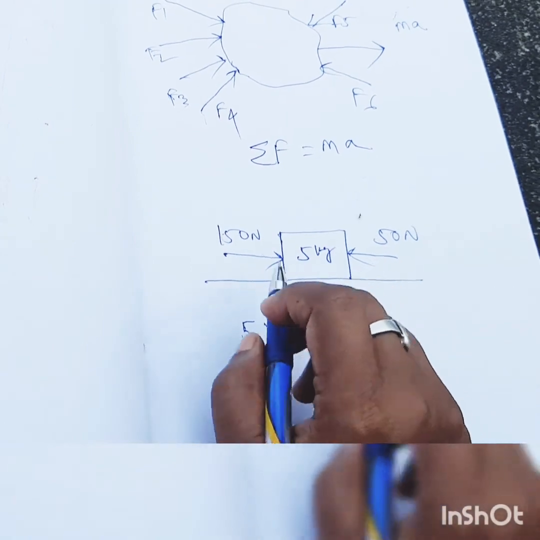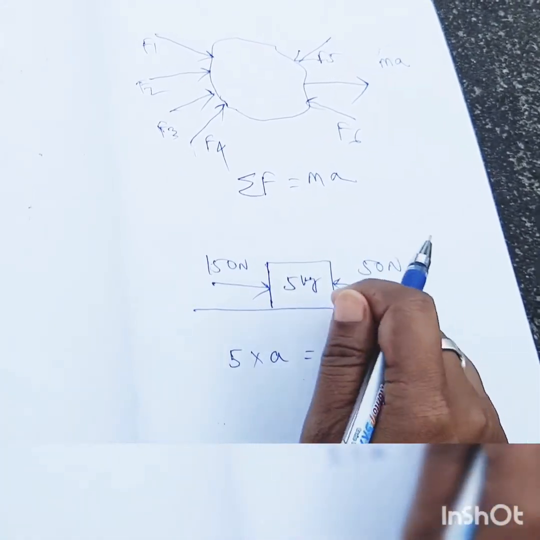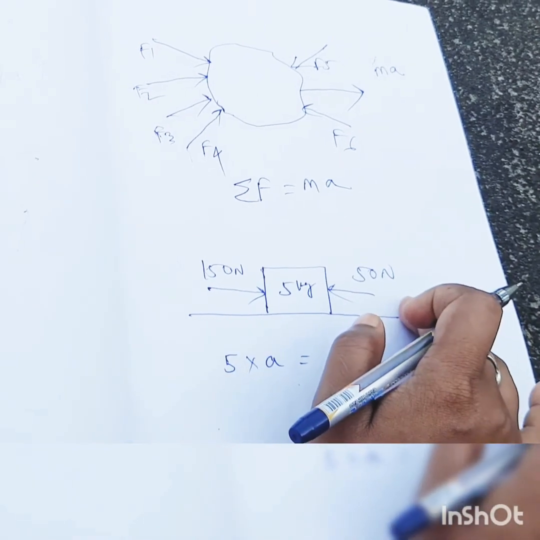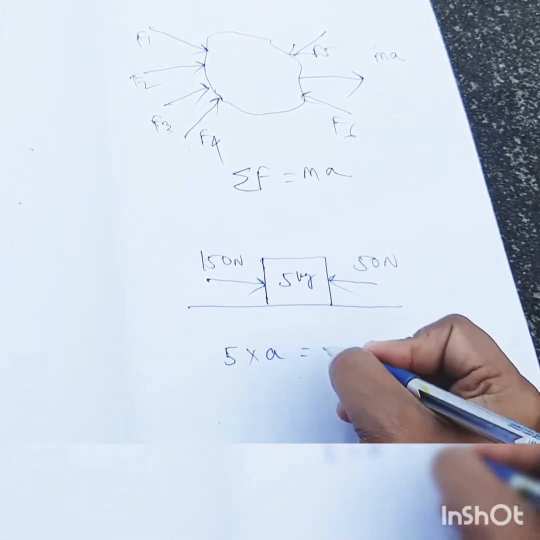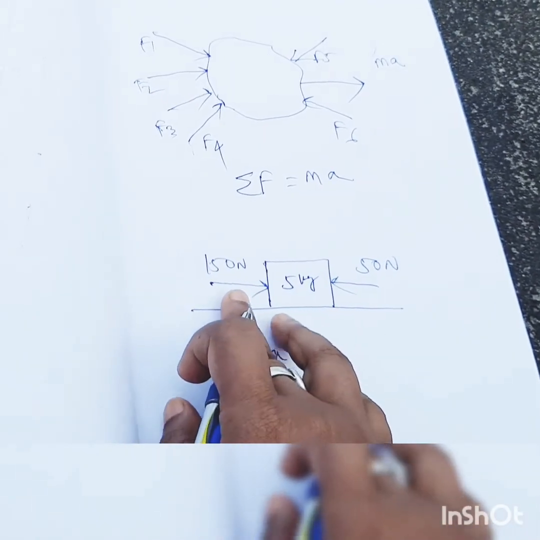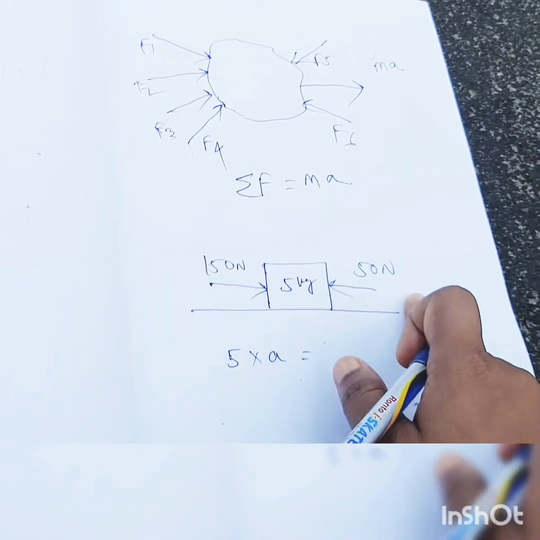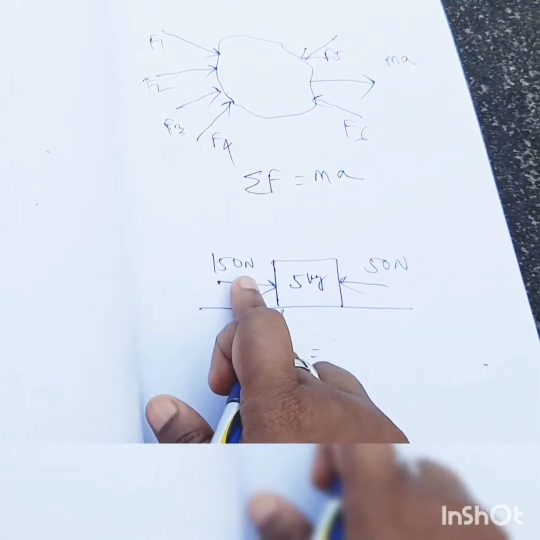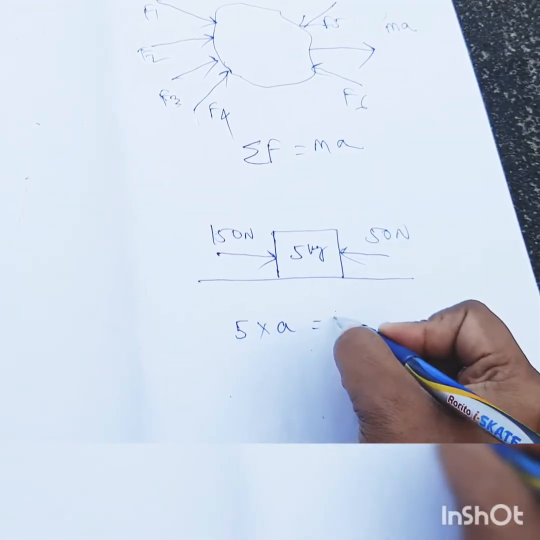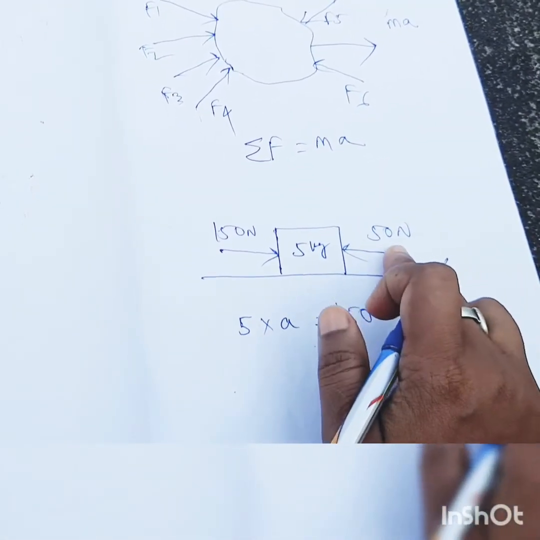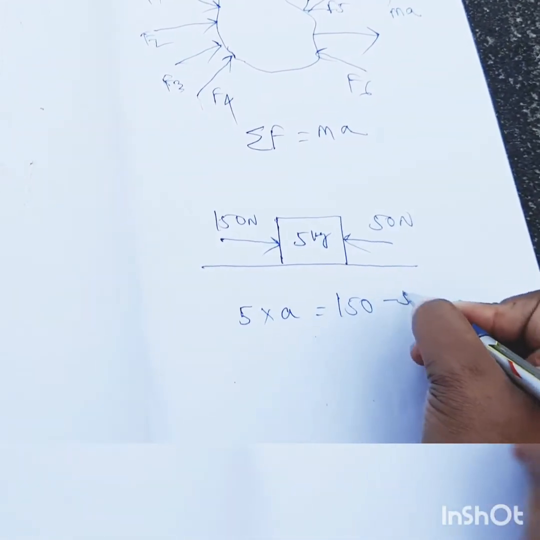How will we take the sign convention? In the direction in which the body is going to accelerate, the forces acting in that direction we take as positive. Obviously 150 Newton is greater than 50 Newton, so the body will accelerate in this direction. The 150 Newton is acting in the direction of acceleration, so we take that as positive. The 50 Newton is acting opposite to the direction of acceleration, so we take it as negative.